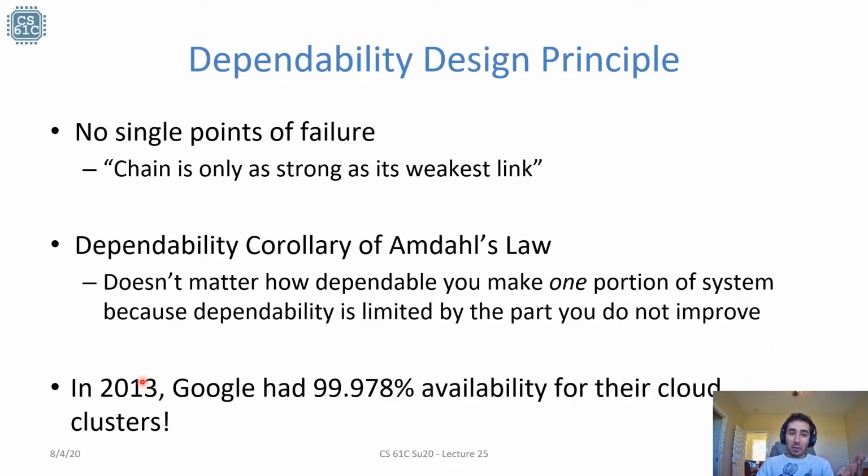So in 2013, for example, Google released their numbers, and I think this is like 7 years ago at this point, right? Back then, when Google Cloud was pretty big, but definitely nowhere near as big as it is today, they had around 99.9% availability. They had three nines. That's pretty good. Think about how much Google runs in the world, and they were able to make this guarantee.